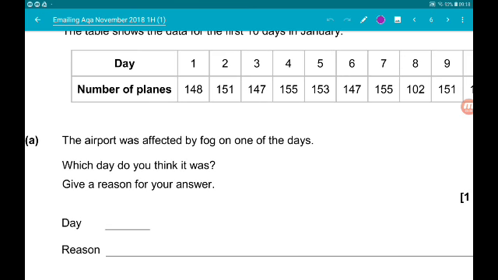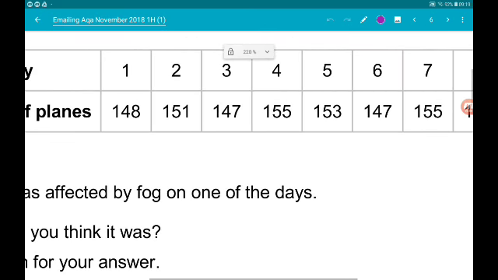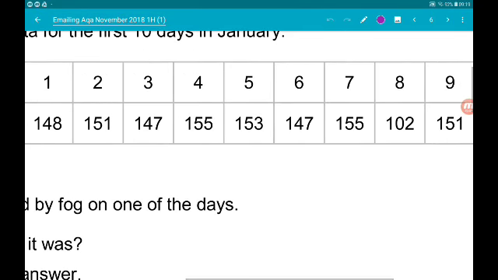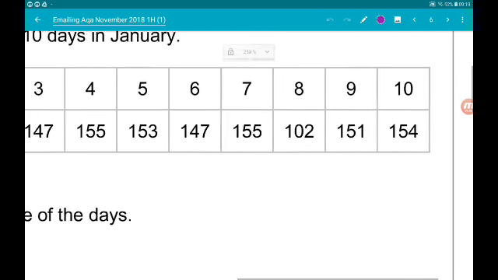So, thinking logically, fog is going to make it harder for aeroplanes to land, so we would expect less aeroplanes to land on this day. So, are any of the numbers particularly lower than any of the others?